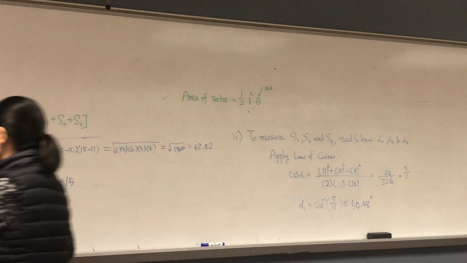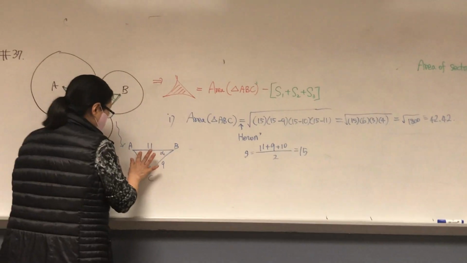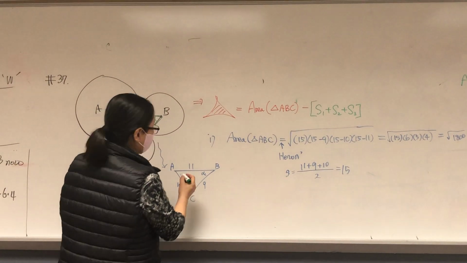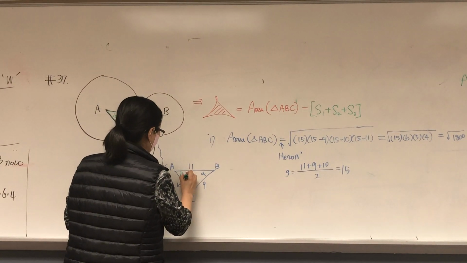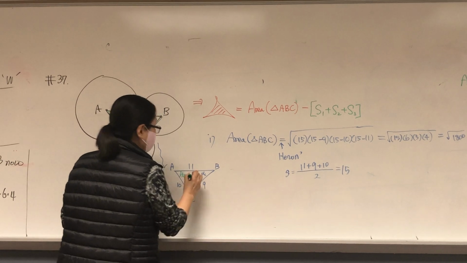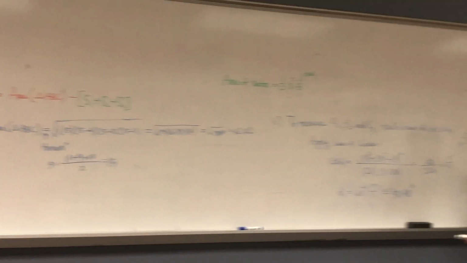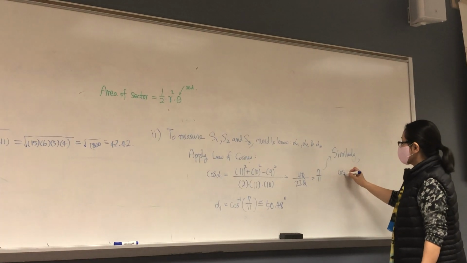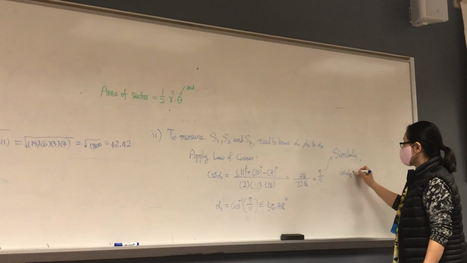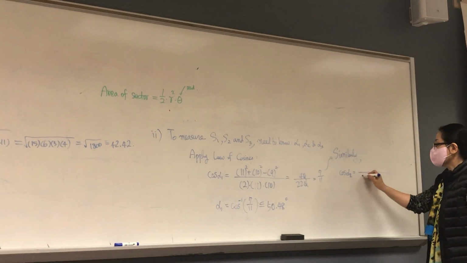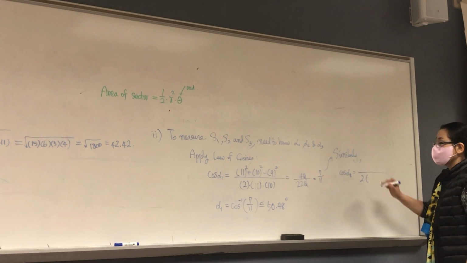This angle is what? Similarly, cosine alpha 2, am I right? Equal to what? 2 times what?